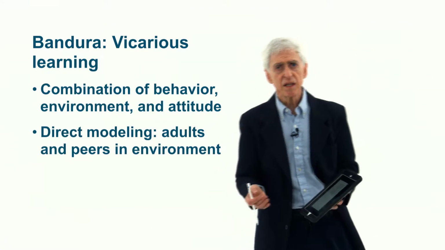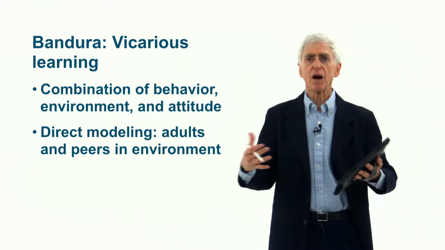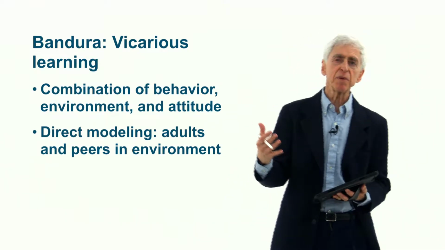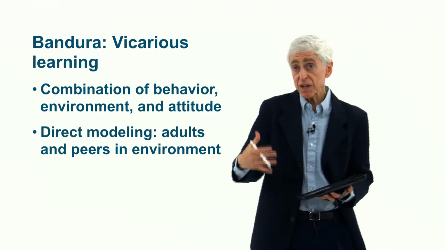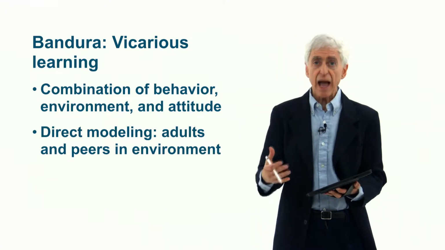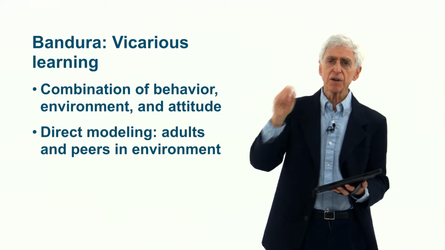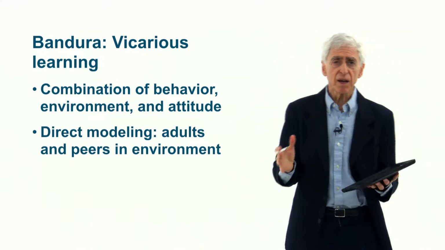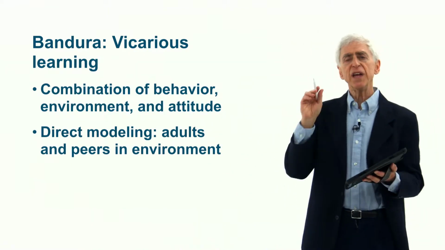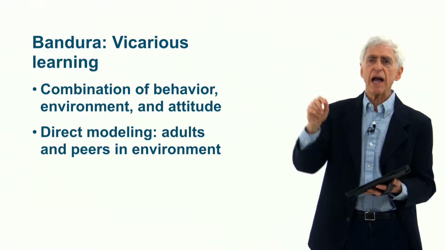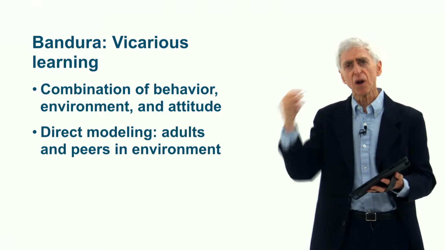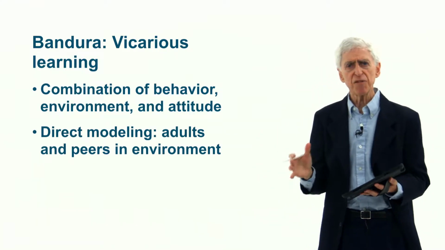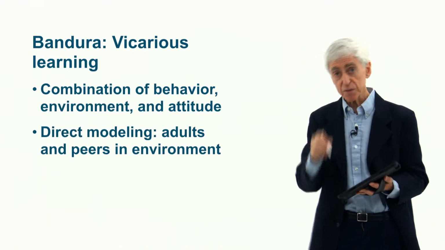For instance, there's watching the people around you, watching the grown-ups, watching people your own age or maybe slightly older than you, and watching them to be your models. I guess I could use the term role model, but let's just use the word modeling. These are your models, and the more you watch them, the more you learn, and the more you tend to change your behavior to be more like what you're observing.